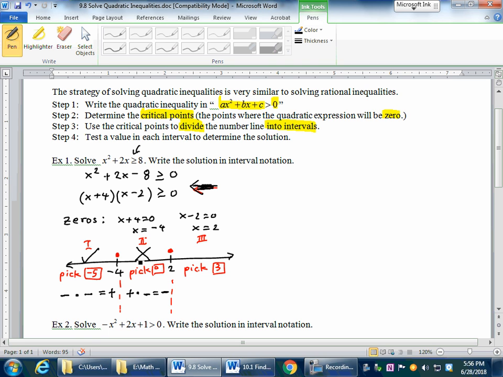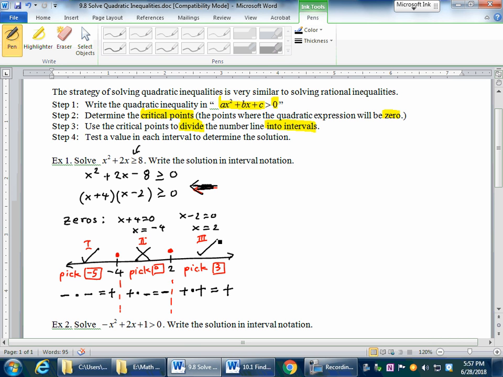Lastly, testing the third interval. Since we picked 3, I substitute 3 for x. In the first factor, 3 plus 4 gives me 7, which is positive, times 3 minus 2, which is also a positive result. A positive number times a positive number is positive, which is greater than 0.